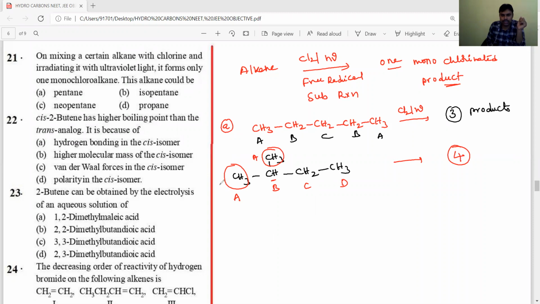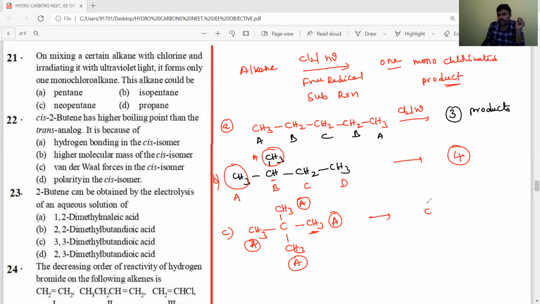And the third option, if you observe, is neopentane. All CH3 groups are the same kind and primary only. So this is A and similar kind A and A. On monochlorination, we will get only one kind of product.